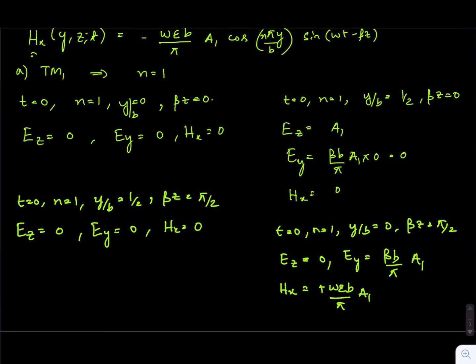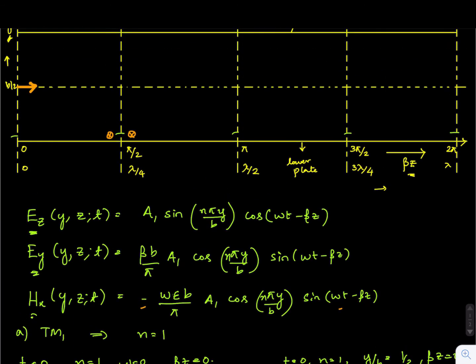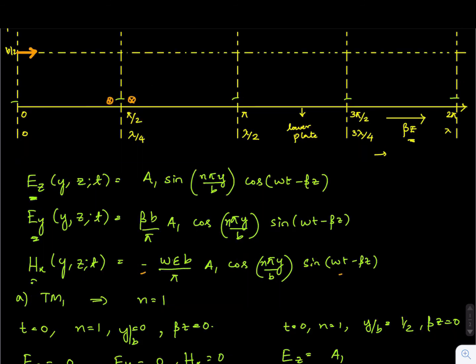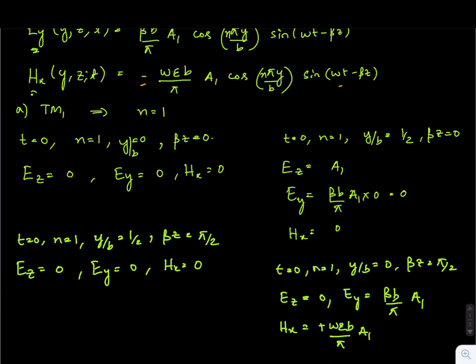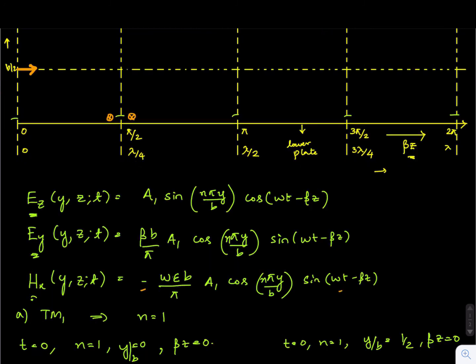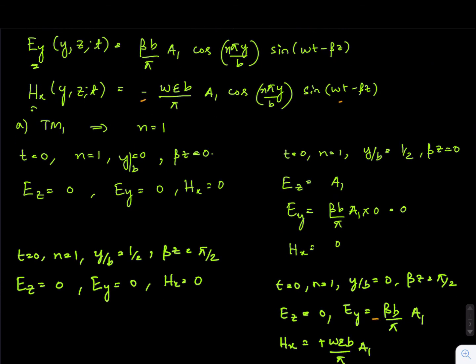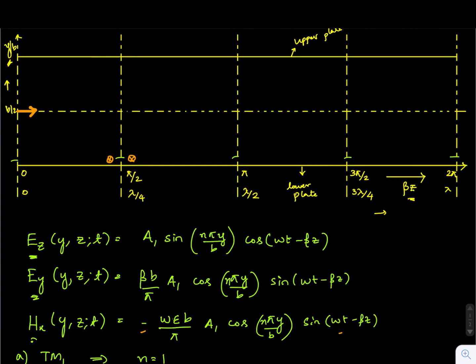Here you have an x positive direction, because this negative and the negative coming out of here multiply and make it positive. And the Ey component is going to be negative because there is a minus pi by 2, so we will have our field in this direction.